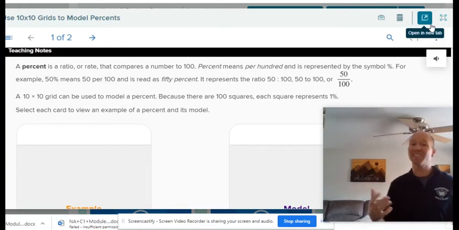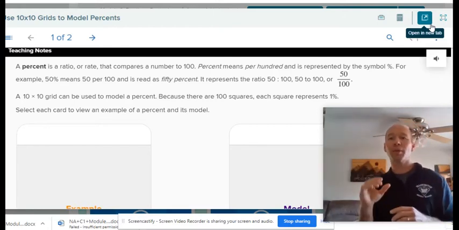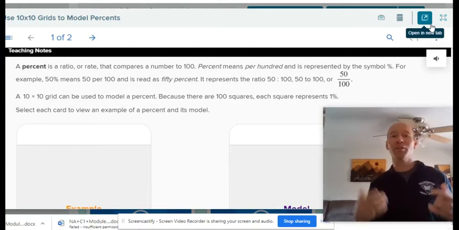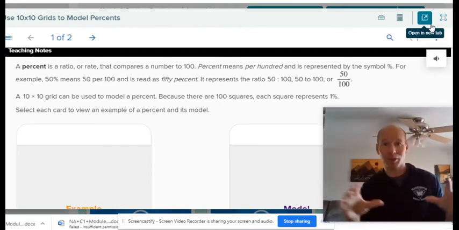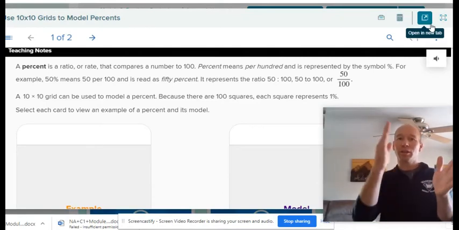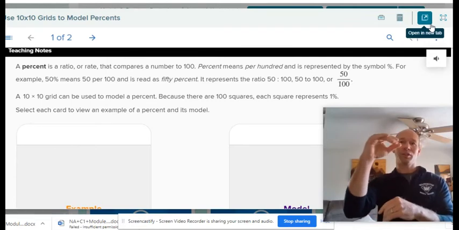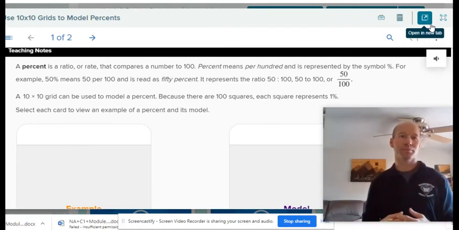In Espanol, por ciento means for 100. Per 100 is represented by the symbol with a little circle, another circle, and that line. 50% means 50 per 100, and it's read as 50%. It represents that ratio, 50 to 100, or 50 over 100, the fraction 50 hundredths.